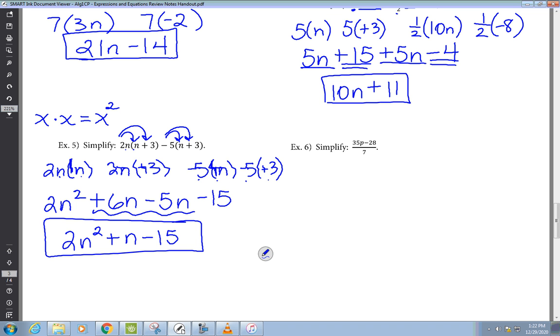The last problem deals with division. So 35p minus 28 divided by 7. In this case, you take each term at the top and divide it by 7. So that's 35p divided by 7 minus 28 divided by 7.